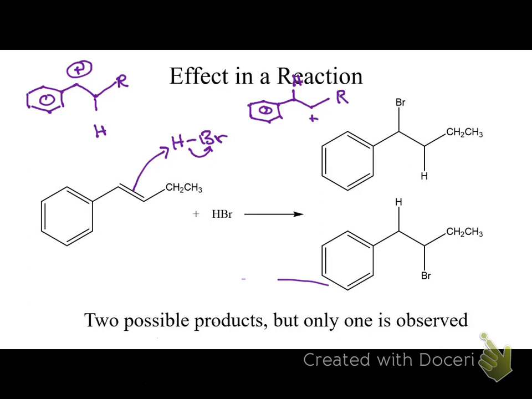Okay, so remember when we were looking at these electrophilic addition reactions, we talk about carbocation stability. Tertiary is where the halogen goes if the other is secondary. Tertiary versus secondary.